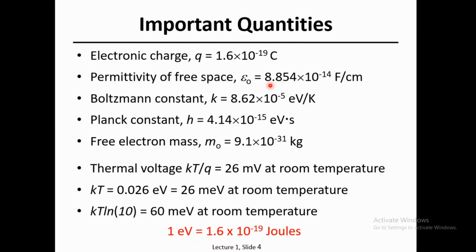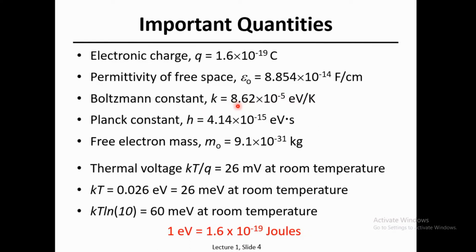In free space, it is equal to 8.854 times 10 to the minus 14 per centimeter. And the permittivity in the material will be relative to this one. For example, we'll say the permittivity of silicon relative to the free space permittivity is equal, for example, to 0.6.